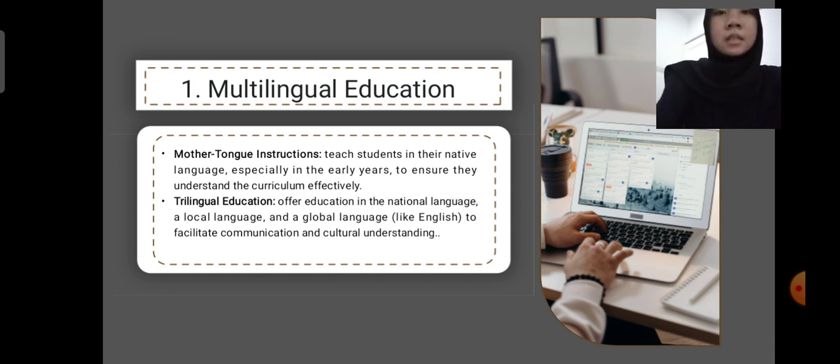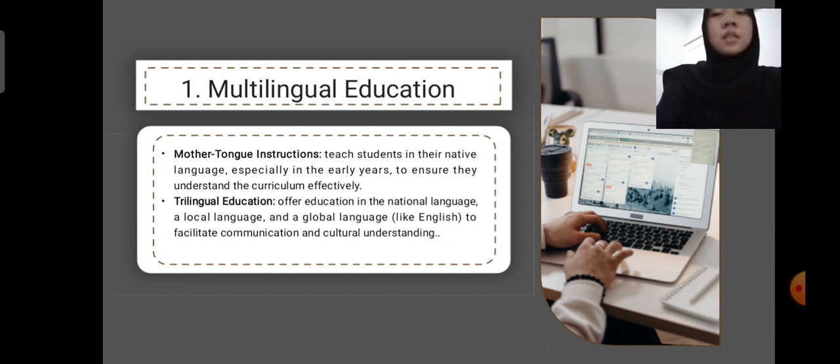The first is mother tongue instruction: teach students in their native language, especially in the early years, to ensure they understand the curriculum effectively. And the second, trilingual education: offer education in a national language, a local language, and a global language like English to facilitate communication and cultural understanding.